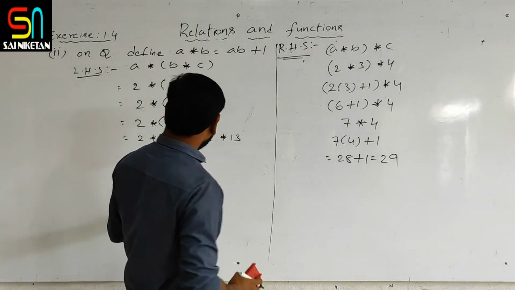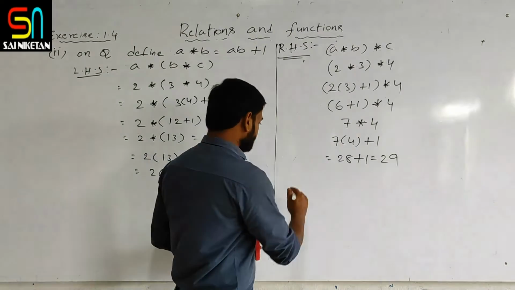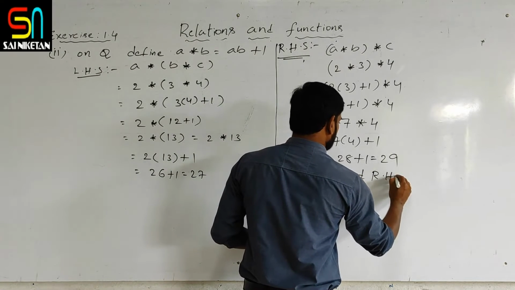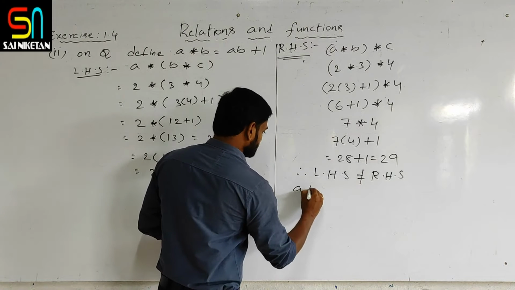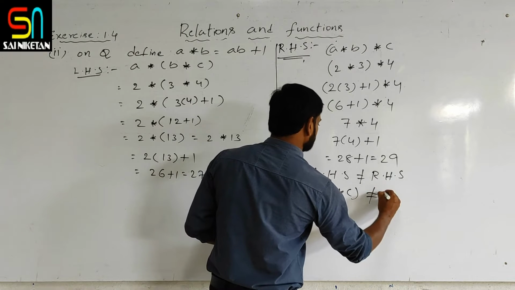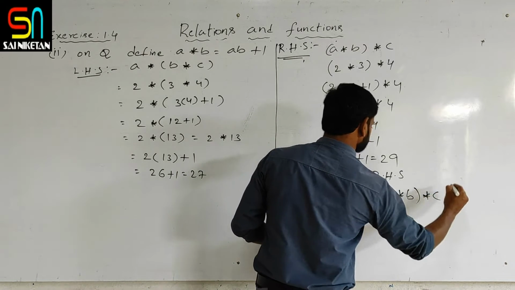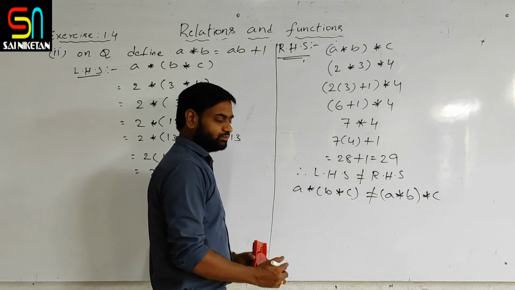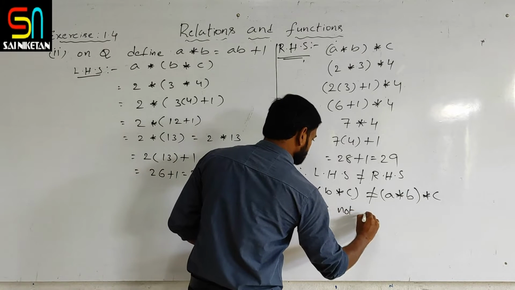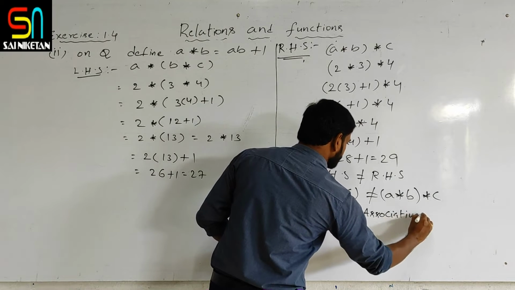So here the LHS answer is 27, but here the RHS is 29. Therefore, LHS is not equal to RHS, or what you can write: A star of B star C is not equal to A star B star C. Therefore star is not associative.